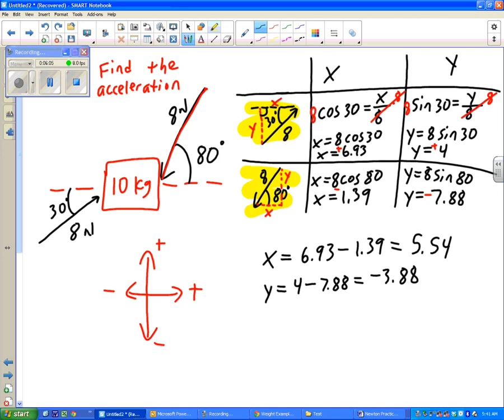So what I just solved was the x portion and the y portion of my answer. So if I go back to my box over here, the x portion of the answer is 5.54, so it is 5.54 this way, and the y part is down 3.88 because it's negative.